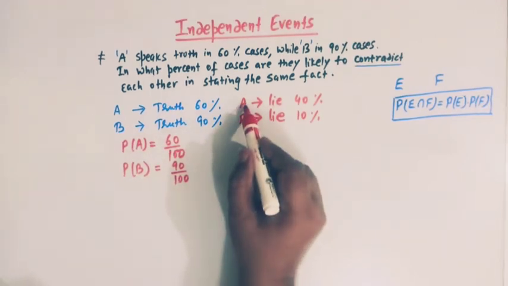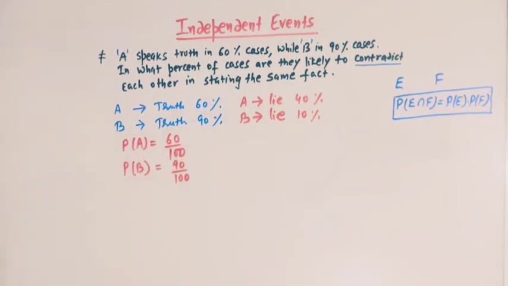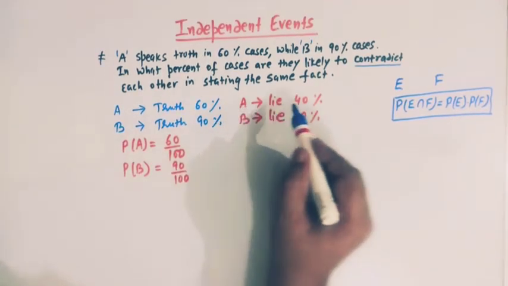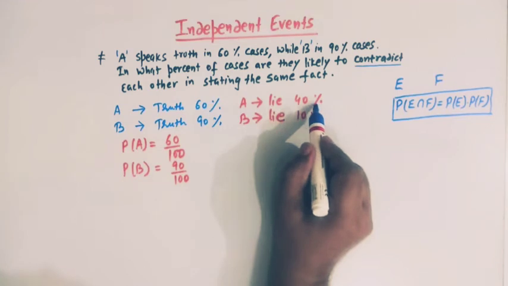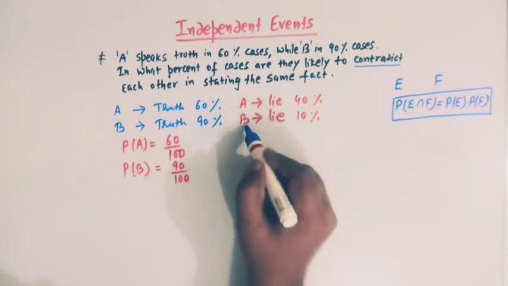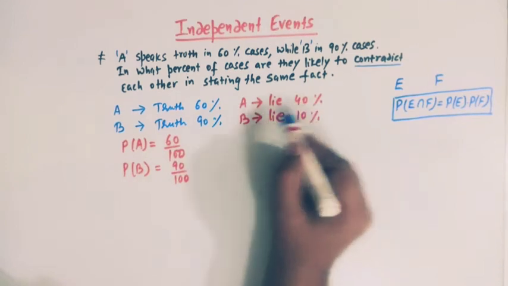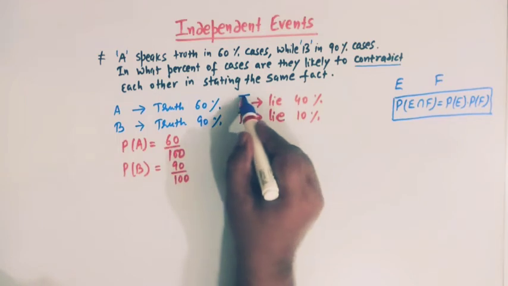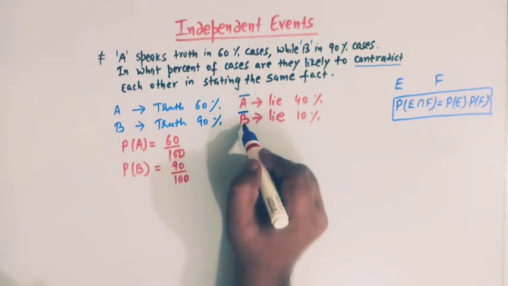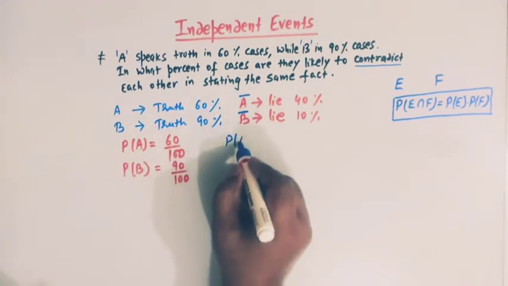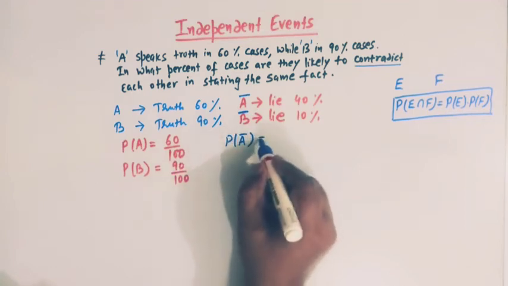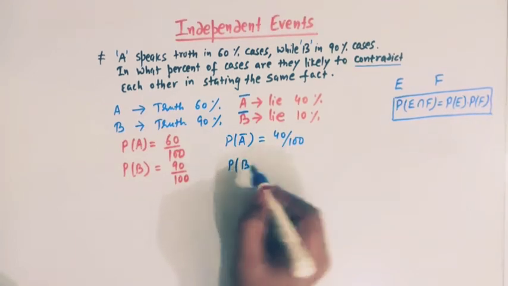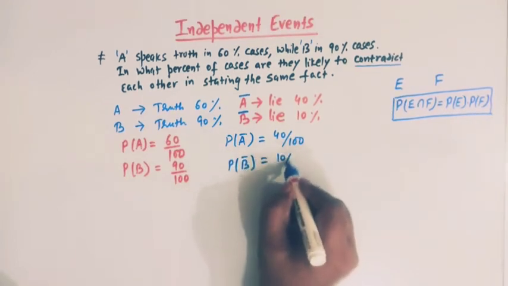Now, A does not speak truth in 40% cases, so we denote these events by the complement notation, putting a bar over A and B. So we have P(A bar) is 40 over 100 and P(B bar) is 10 over 100.